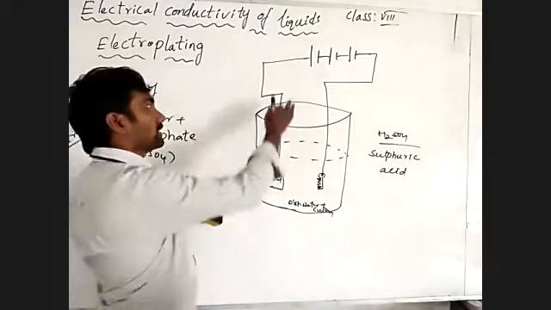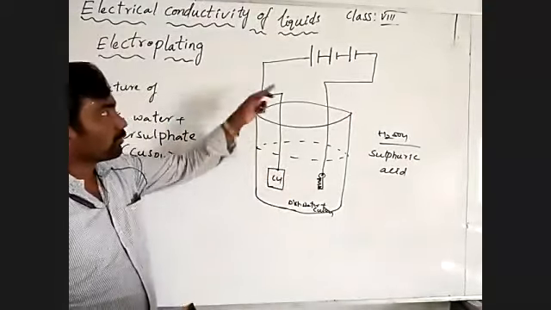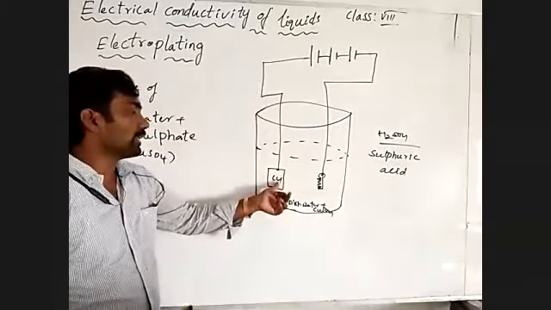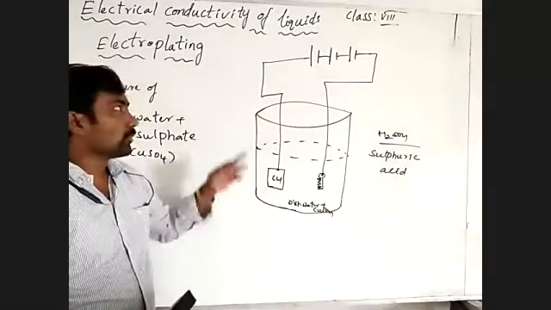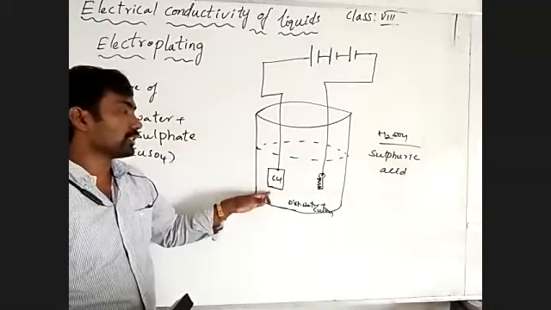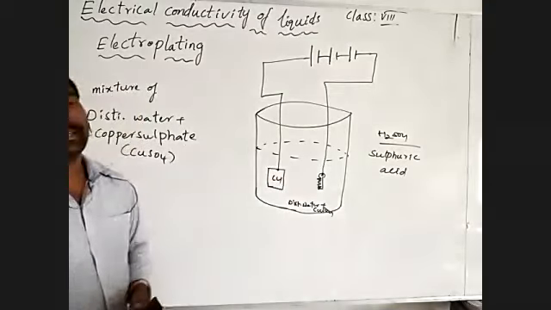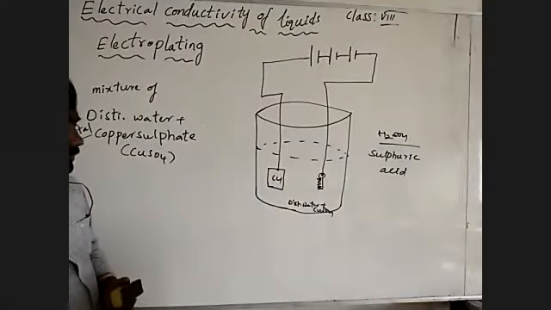By adding a few drops of sulfuric acid into that mixture of distilled water and copper sulfate, and by closing the circuit with the help of the battery, the copper plate and the iron key, the positive terminal of the battery is connected to the copper plate, and the negative terminal is connected to the iron key. Understand?